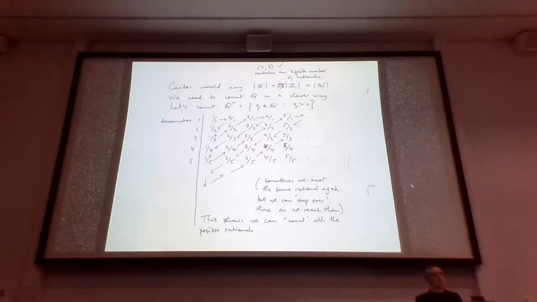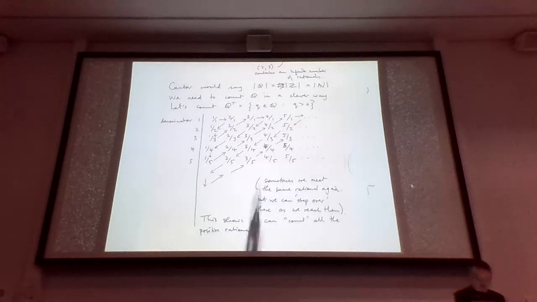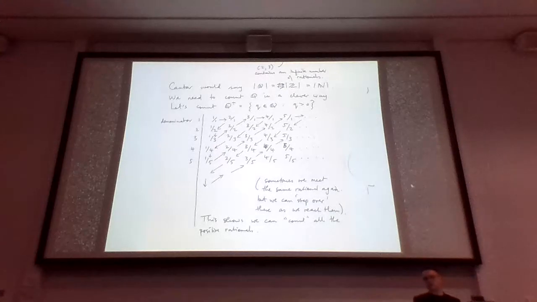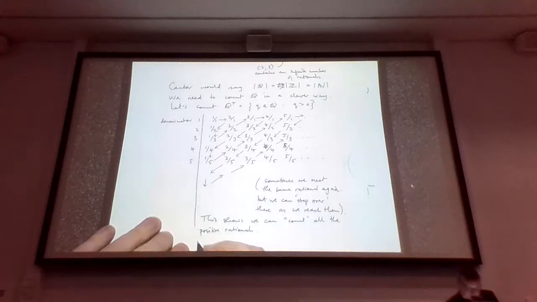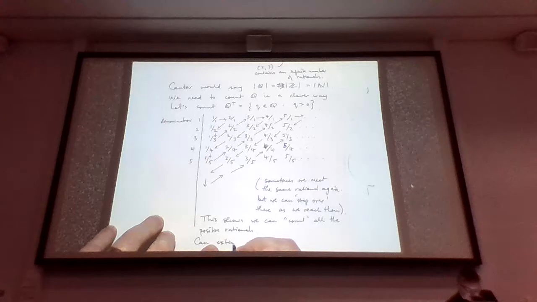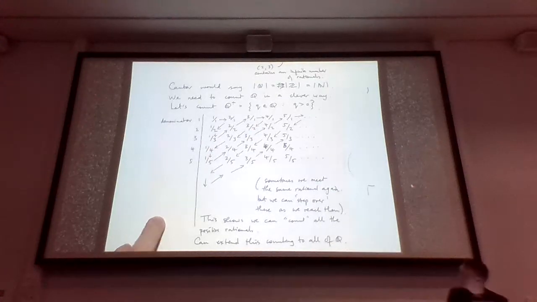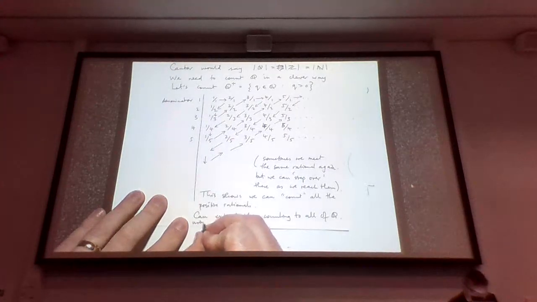And if you can count all the positive rationals, so by count we mean with the counting numbers, 1, 2, 3, 4, 5, 6, etc., you can count all the positive numbers, then you can easily extend it to all the rational numbers, positive and negative, by adjusting this counting scheme so that instead you count all the positive ones with the odd numbers and count all the negative ones with the even numbers. So you can then extend this counting to all of Q using our odd-even trick.